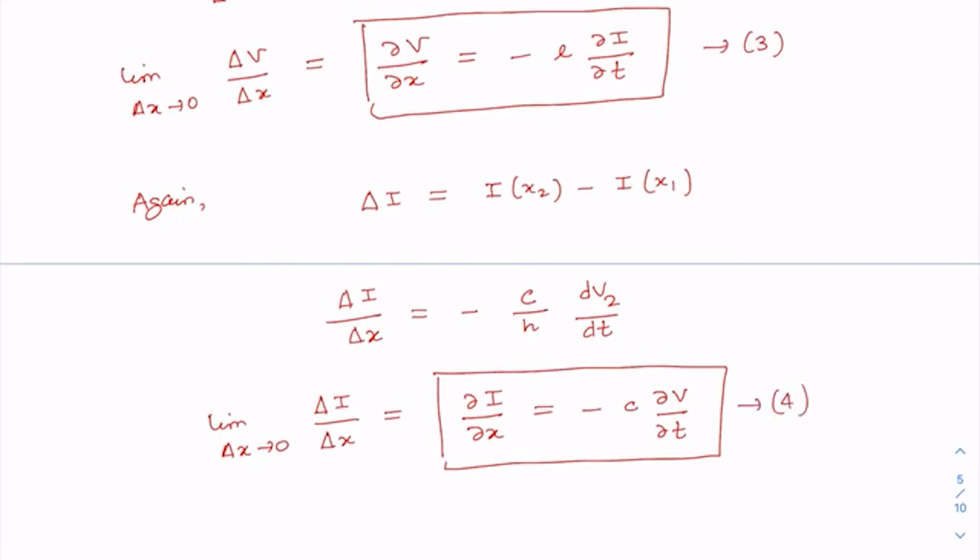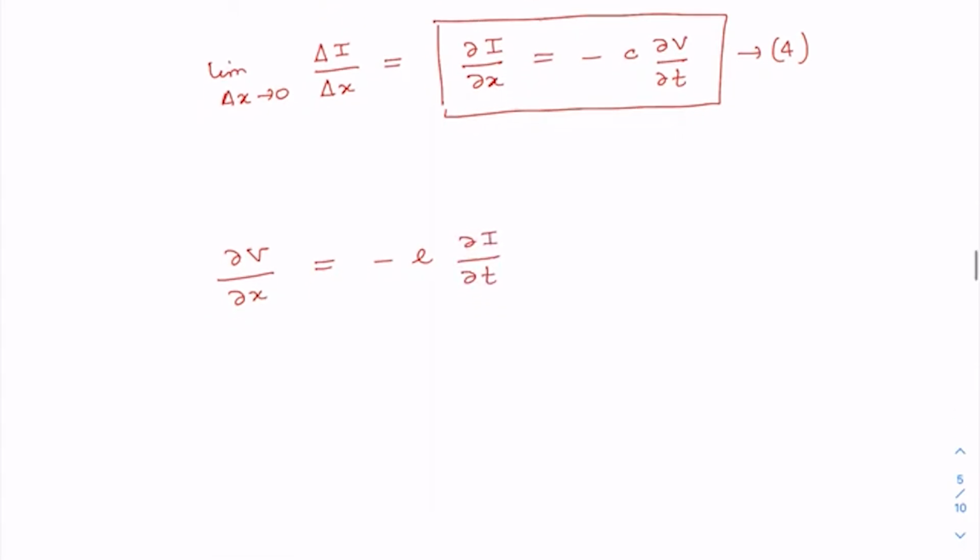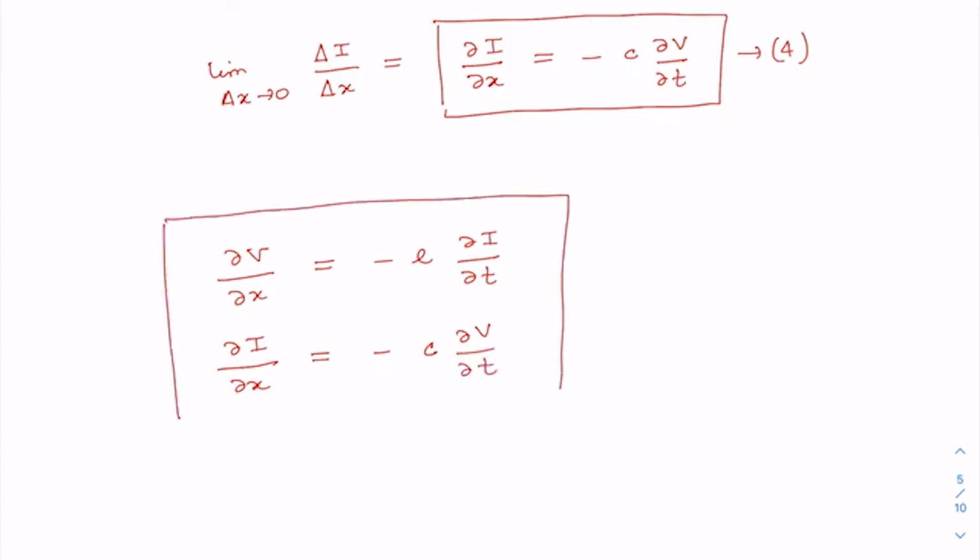So let me write these two equations separately. Basically we have two equations, one for voltage, how the voltage is changing with distance, del V del x, which is equal to minus l del I del t, and we have del I del x is equal to minus small c, capacitance per unit length, del V del t. So these two equations now we are going to exploit.